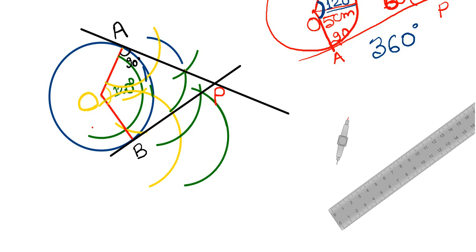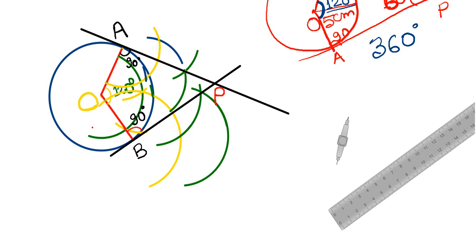the angle of measurement. This angle is 120 degree, this is 90 degree, and again this angle is 90 degree, also this one is 90 degree.